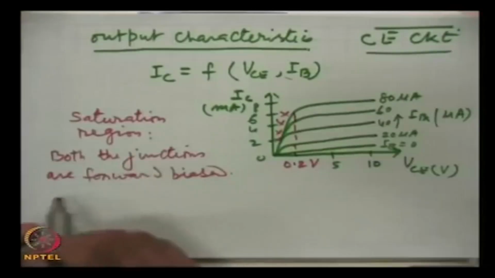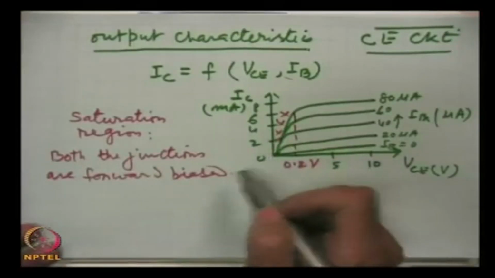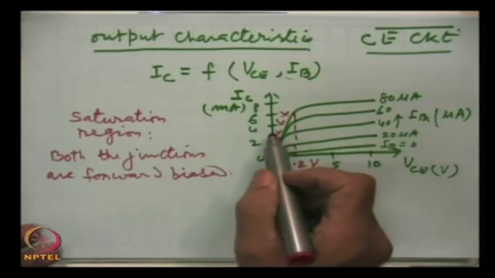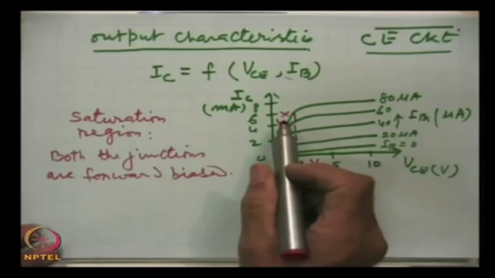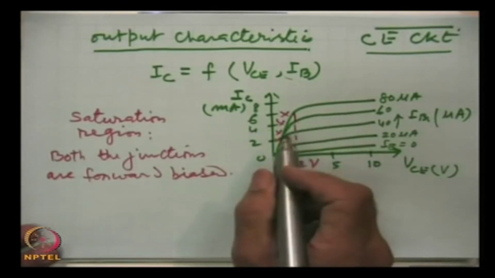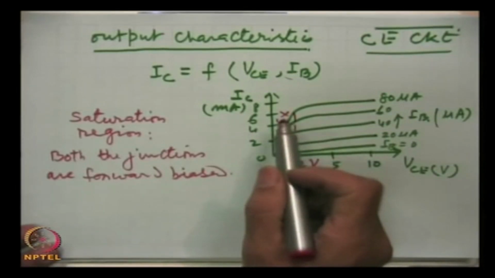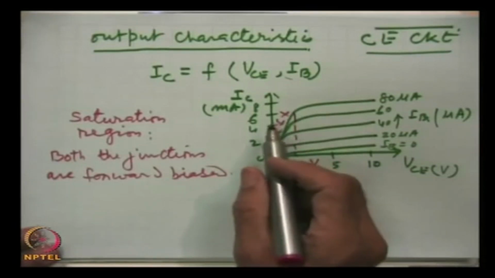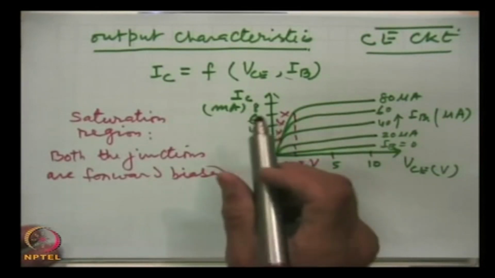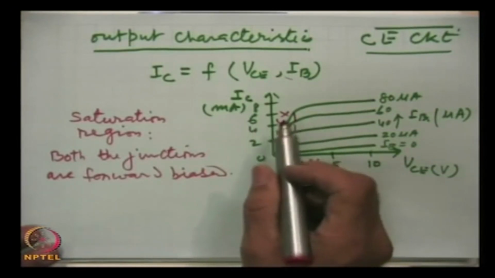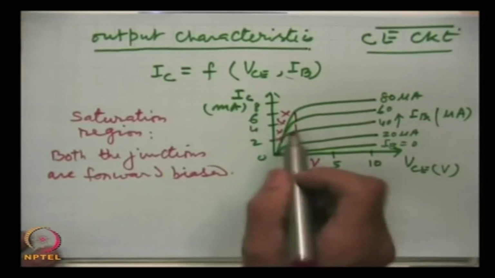So, that is why I have mentioned that both the junctions in saturation region are forward biased. This is the region which is to be avoided for amplifying purposes, because here we have already discussed that the output current does not vary linearly with input current, and so this is to be avoided totally.